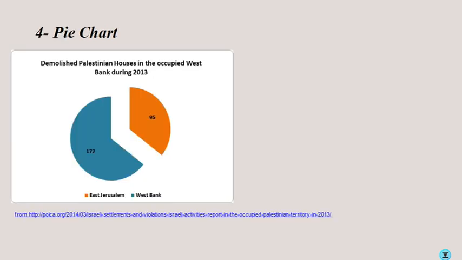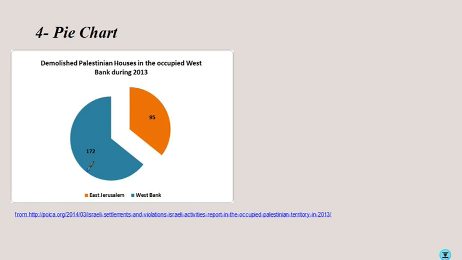Also, we have pie charts. If you consider a pie chart, for example, in this case, the number of Palestinian houses demolished in 2013, you have sectors in the circle representing the number of houses in East Jerusalem or in the West Bank. Now, how do we find the angle of the sector?